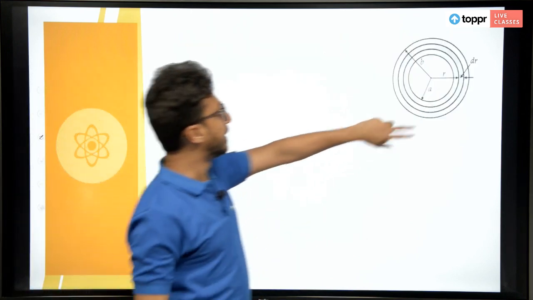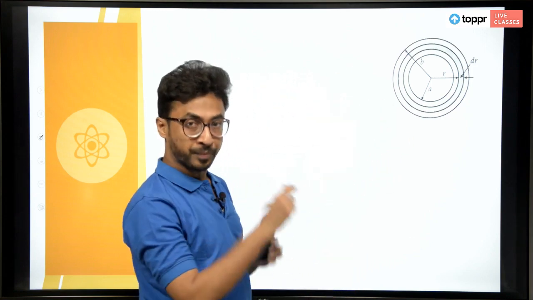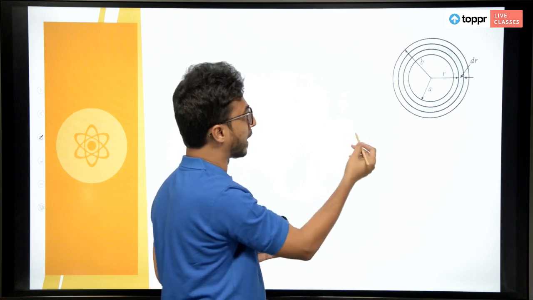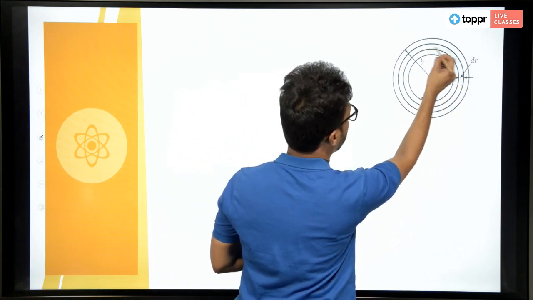Let us consider this is one portion of the spiral coil. In this, let us consider this area.